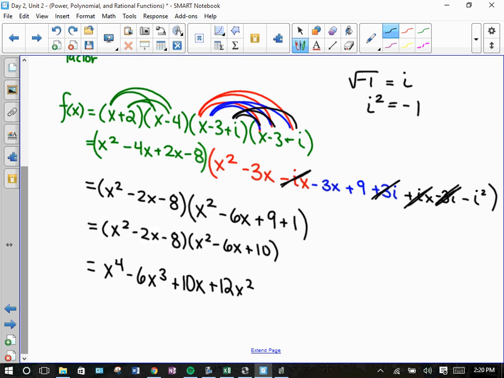Oh, I skipped one, calm down. Negative 2x times x squared is negative 2x cubed. Negative 2x times negative 6x is positive 12x squared. Negative 2x times positive 10 is negative 20x. Negative 8 times x squared is negative 8x squared. Negative 8 times negative 6x is positive 48x. And then negative 8 times positive 10 is negative 80.